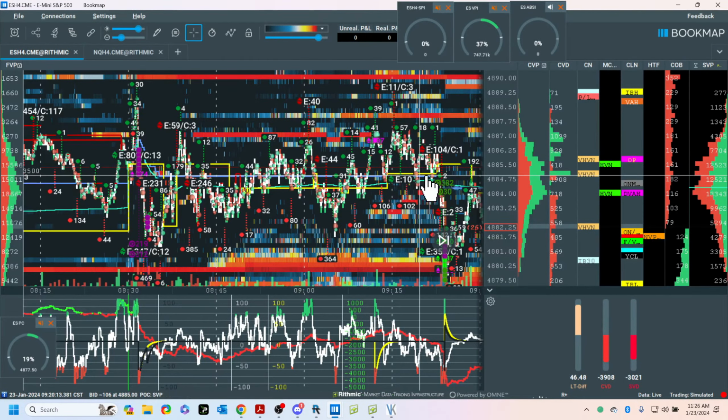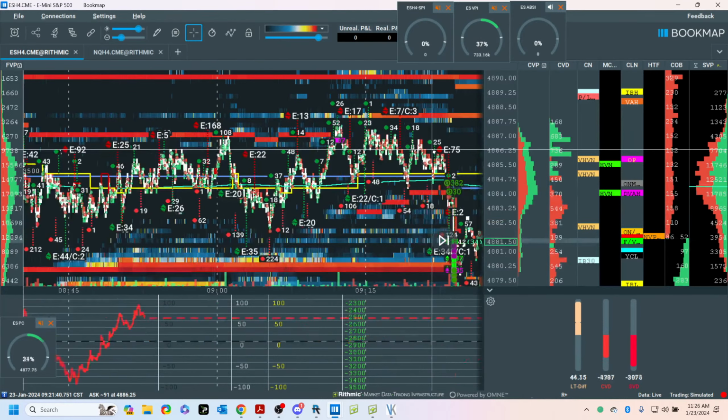This is a choppy, balanced, two-sided day. Volume moves higher. So right here, it's starting to look like we're going to press higher. There's your seller. Here's your pullback. So you have volume here, here, seller. This now is too high. That's too high.